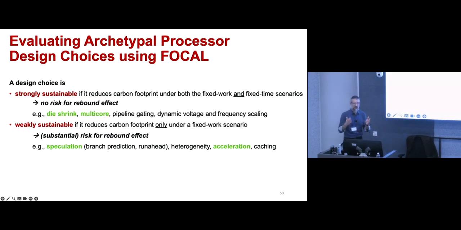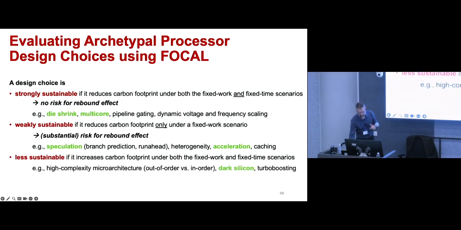There is a risk that our optimization is going to lead to a net carbon increase rather than a carbon decrease. So some archetypal processor design choices end up there, and then some design choices are less sustainable as they increase the carbon footprint under both the fixed work and the fixed time scenarios.